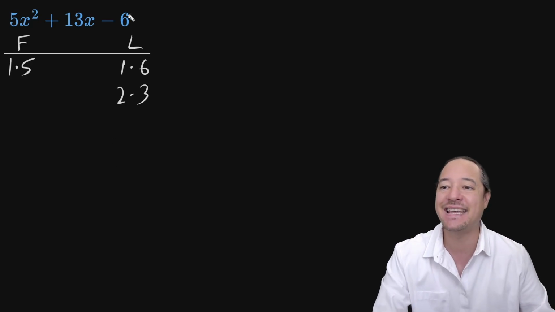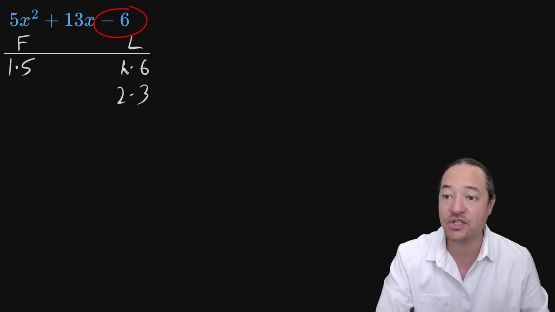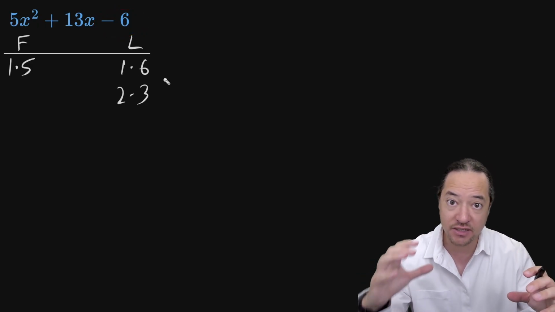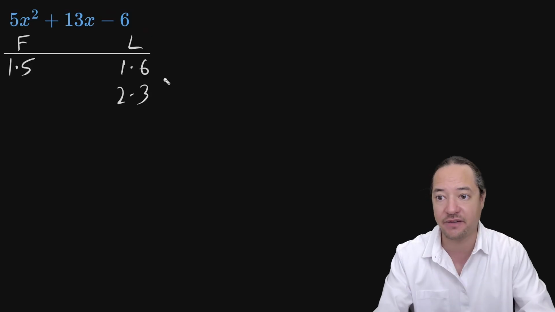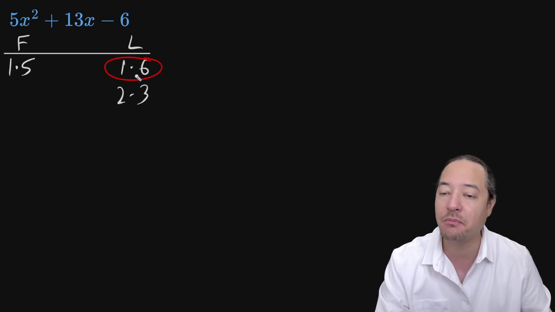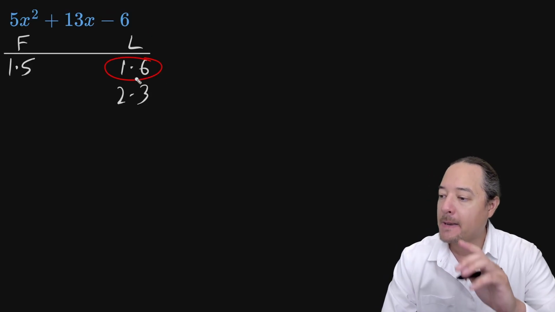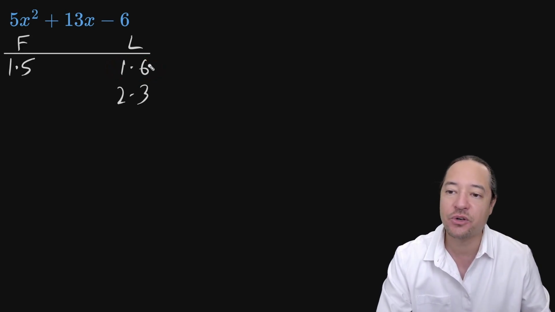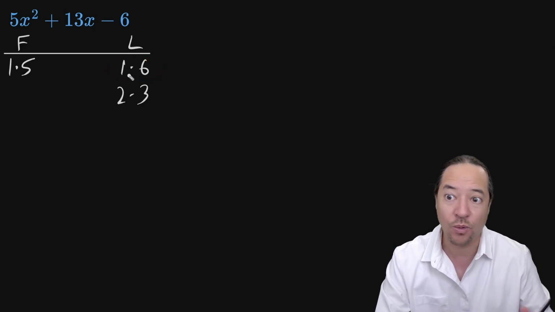But this is a negative 6. So that means one of these numbers has to be negative and one has to be positive, because the product of a positive and negative will give us a negative. So we know that these factors must have opposite signs. But we don't know if the 1 is negative or if the 6 is negative. All we know is that one of them is, okay?